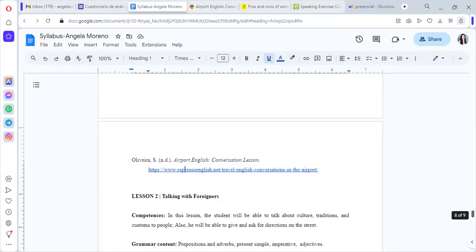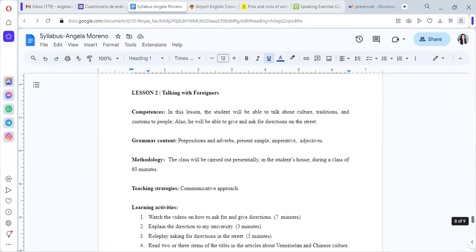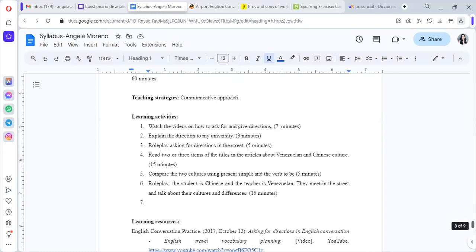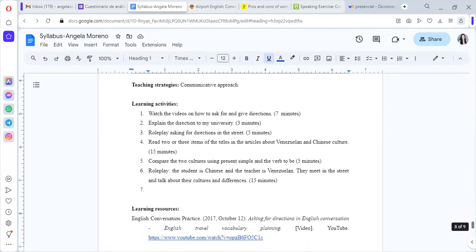Then in Lesson 2, which is titled Talking with Foreigners, the competence is that the student will be able to talk about culture, traditions, and customs to people. And also he will be able to give and ask for directions in the street. The learning activities: the first one is to watch the videos on how to ask for and give directions, which will last 7 minutes.